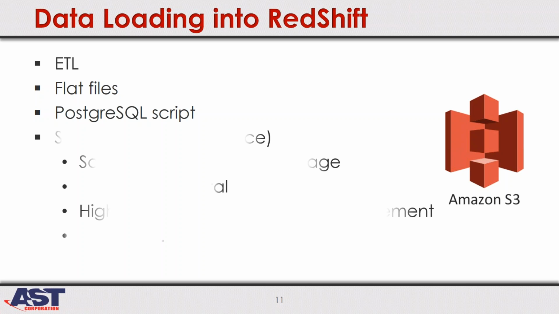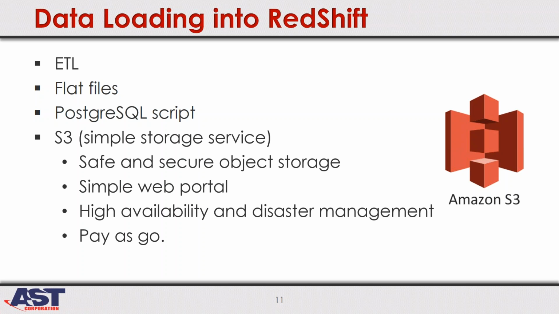So what we should do is integrate another AWS service, which is S3. So what is S3? It's a simple storage service. It's safe and secure object storage. It gives us a simple web portal with an upload button, and a single upload can be a file of 5 TB in size.